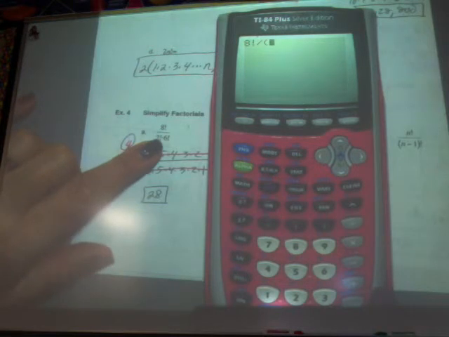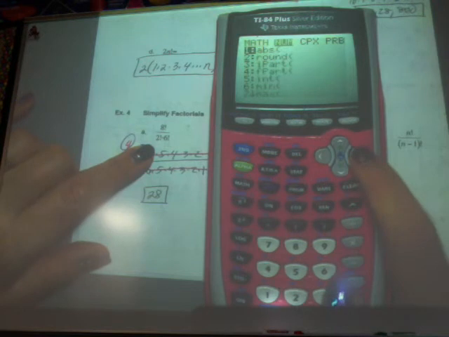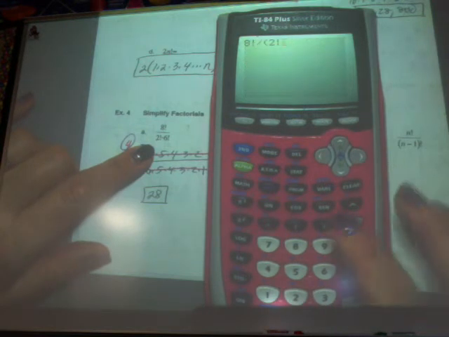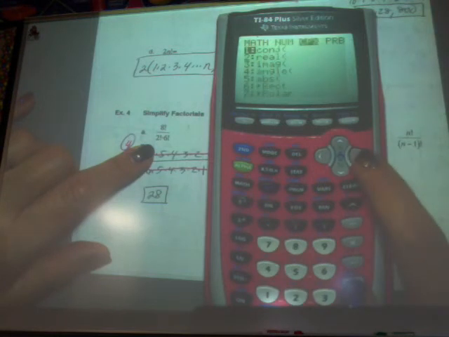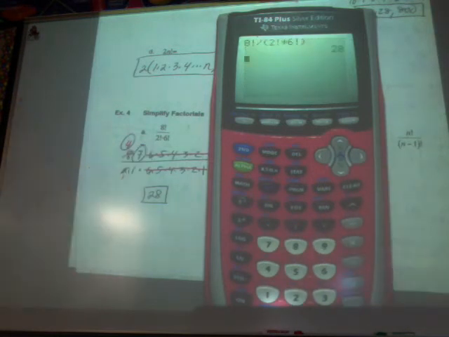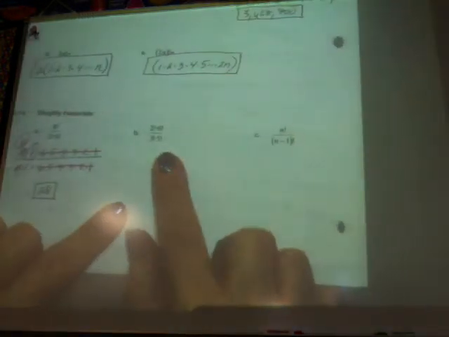You'll end up multiplying by the 6 factorial, so make sure that you use your parentheses. Then we get 28. If you don't use parentheses, you won't get 28. You get some really big number. All right, so you try this one, and then we'll talk about C.